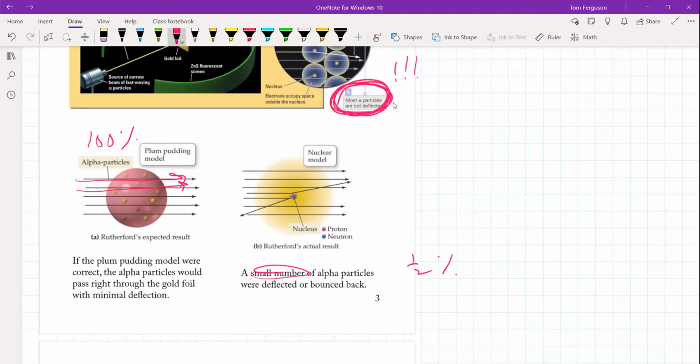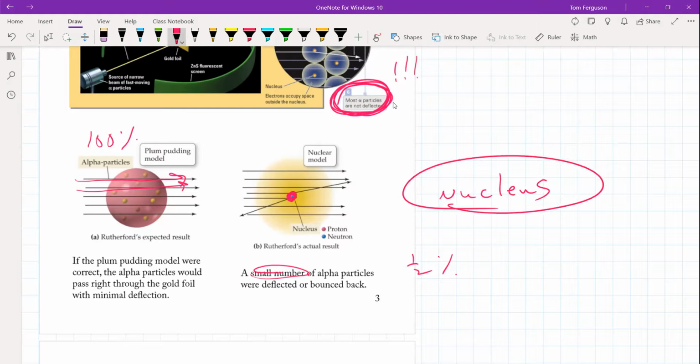Had to be something very massive in there. He came up with a concept of the nucleus, which is where most of the mass of the atom is located. Because nothing except that massiveness would be able to bounce an alpha particle.